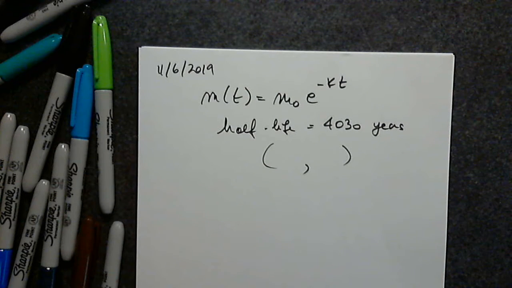Can anyone give us the ordered pair? Remember the independent variable has to be first, and then the dependent variable. 4,030, comma.